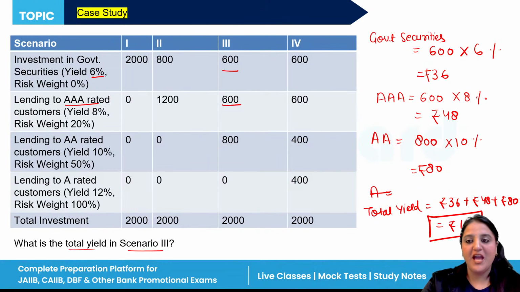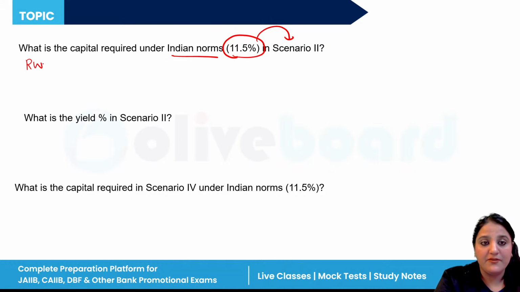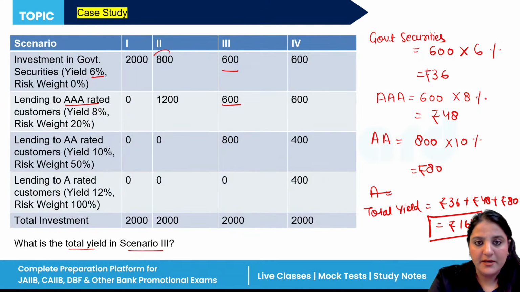First we have to calculate the risk weight assets in scenario second. Here you can see 800, and 0% of 800 is 0.